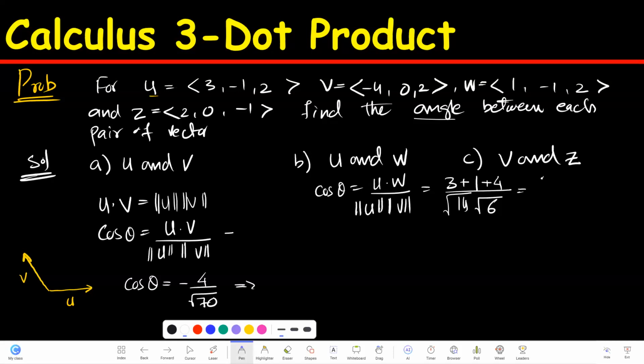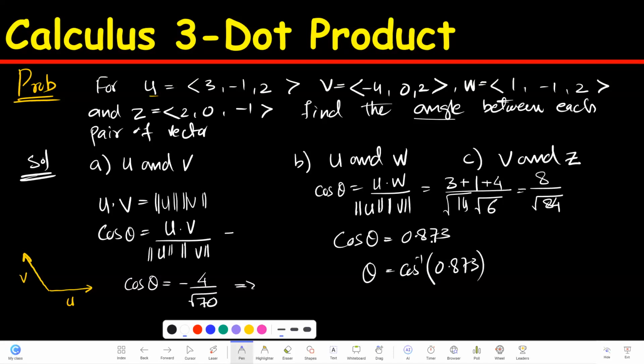Okay, so this is going to give the answer: 8 over square root of 84, right? If you divide them, what answer did you get for cosine theta? 8 divided by square root of 84 is about 0.873. Then I'm going to do theta equals cos inverse of 0.873.